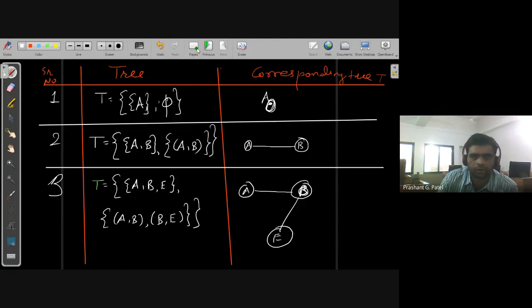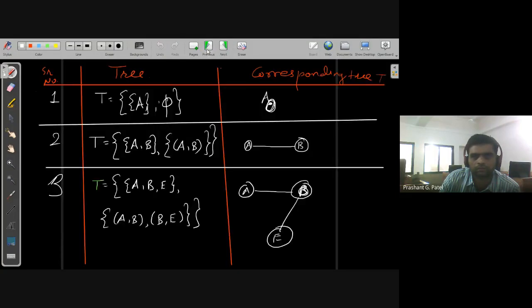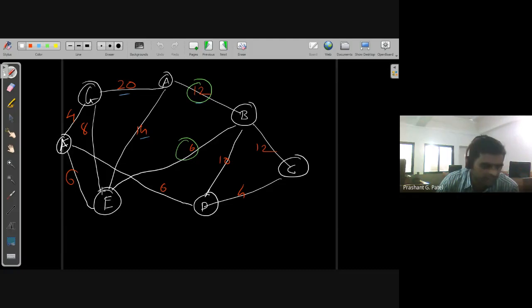In the fourth one, now from E you have to pick up a minimum weight which is adjacent to E. There are certain weights: the first one is 14, then 8, 6.